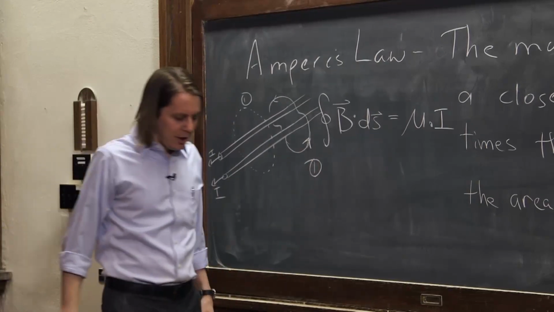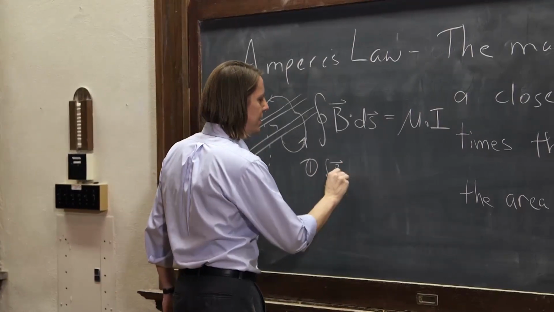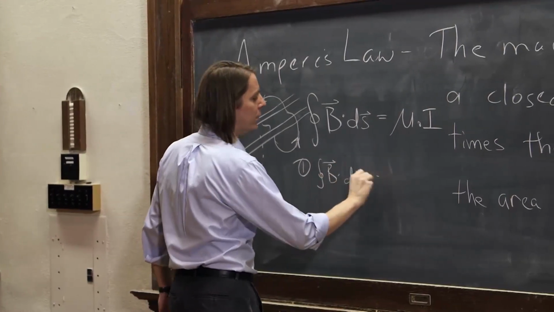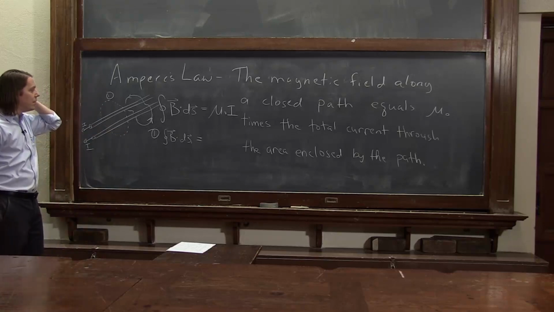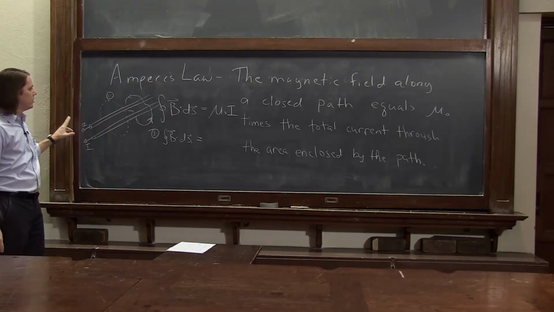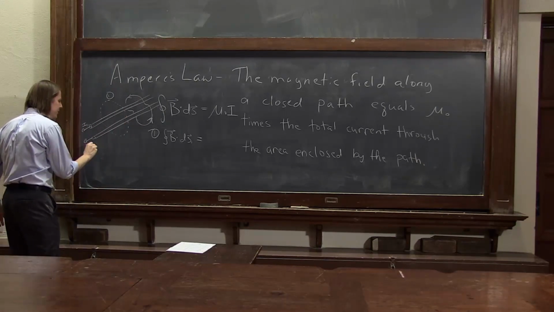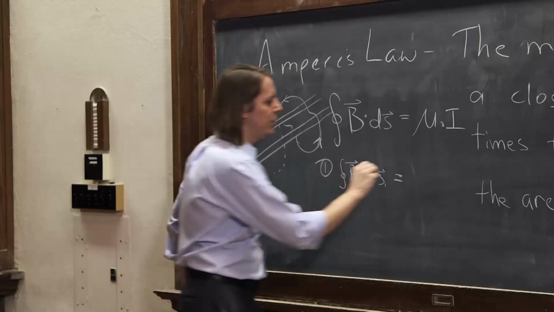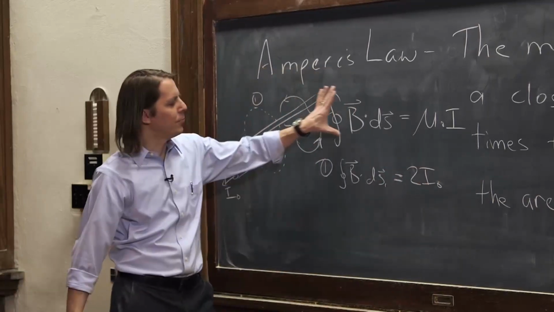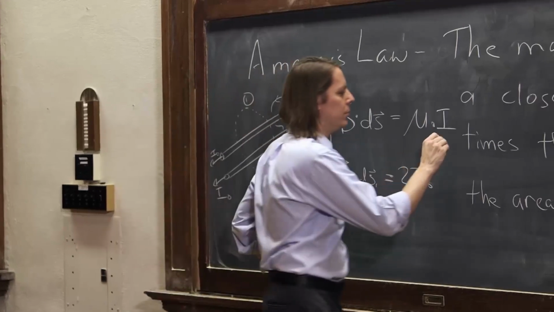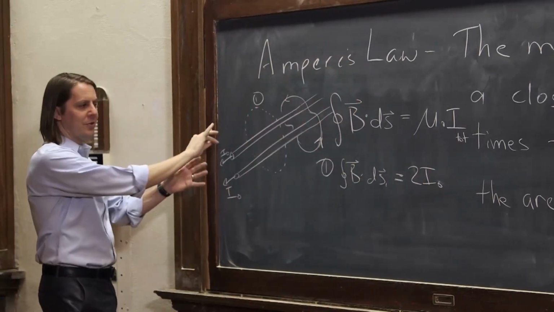Well, let's apply Ampere's law and say, what would the integral of B dot ds, I'll call it ds1 just to be clear, around path 1 be? It would be 2I. Okay? And also to be clear, I'll call these I naught. These are the current in each wire. That's equal to 2I naught. Okay? So you understand here I'm writing the general law. This is I total. Here I'm writing it for this specific case.